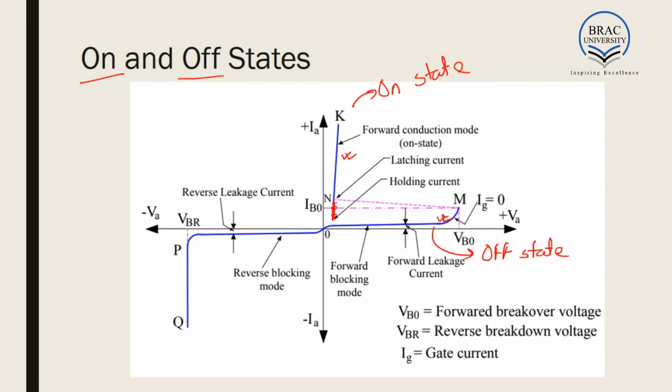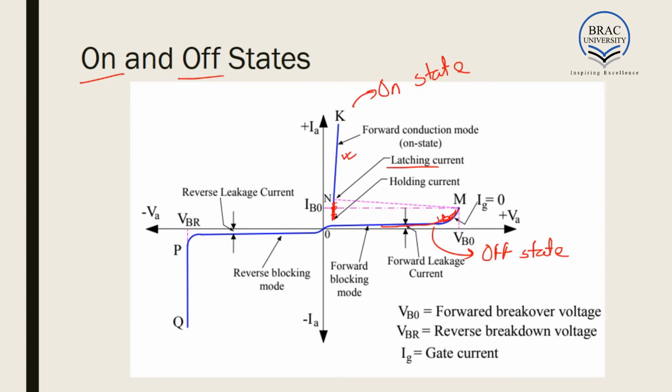But if we decrease the voltage across the SCR, the IV characteristics will follow this curve and not this curve. That is, if we haven't reached the latching stage yet and we decrease the voltage, it will reverse the breakover situation and it will follow the forward blocking mode.